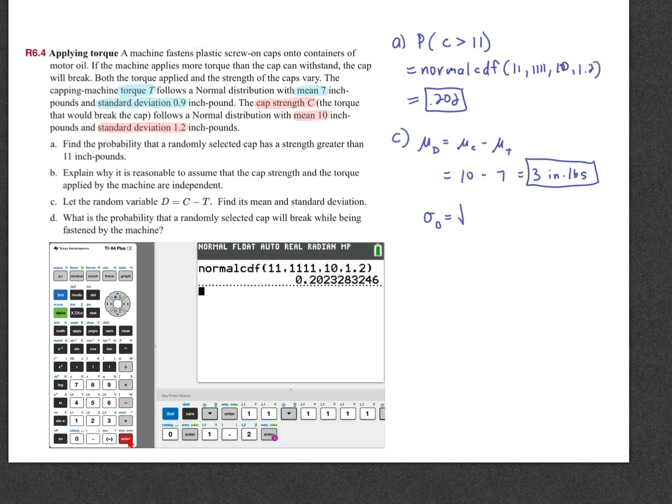Even though this is subtracting, we're really going to add the variance of each. The variances are 1.2 squared and 0.9 squared. Equals, I'll do it in the calculator, 1.5.